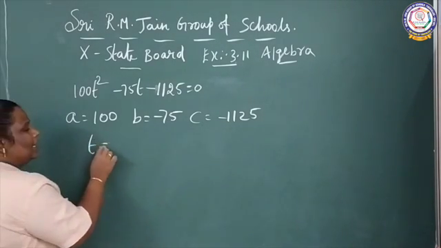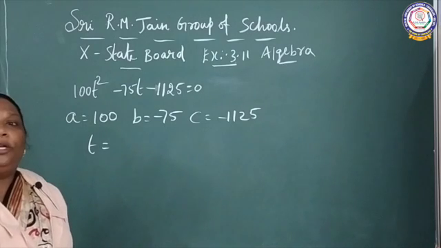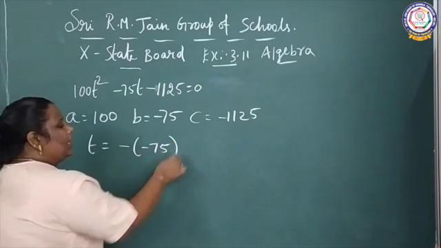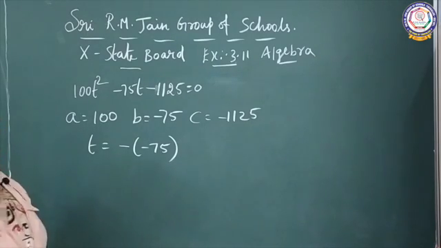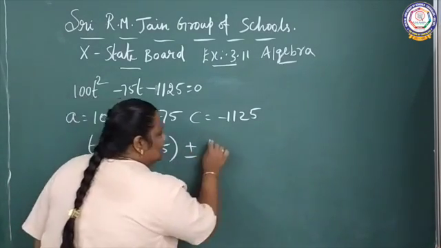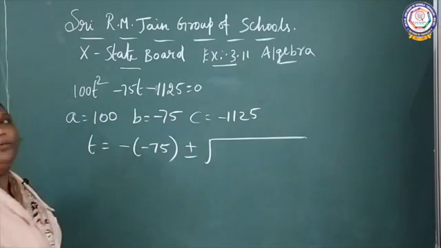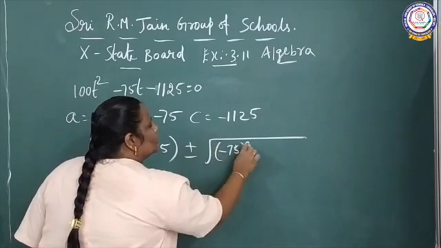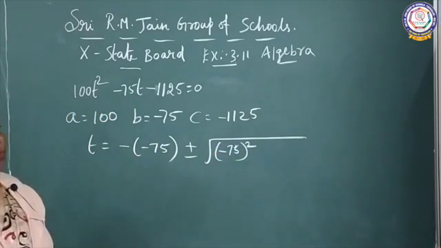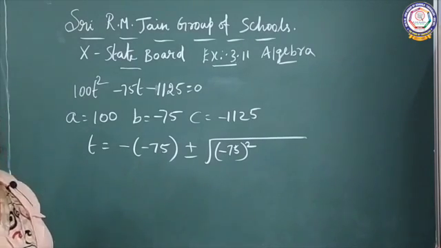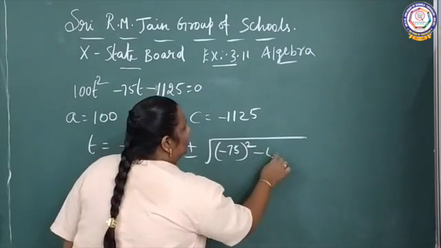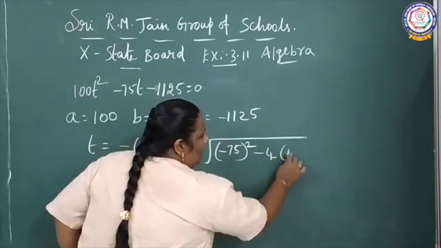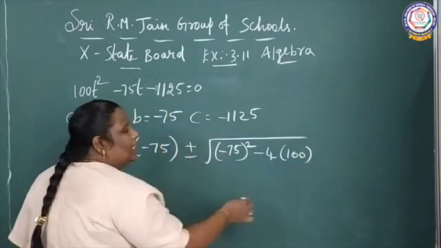So t equal to minus of minus 75 plus or minus root of minus 75 the whole square, that is b square, minus 4ac. What is the value of a? 100. What is the value of c?